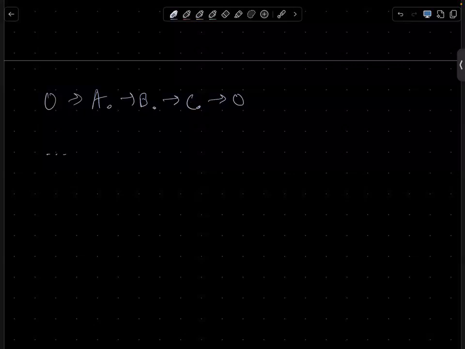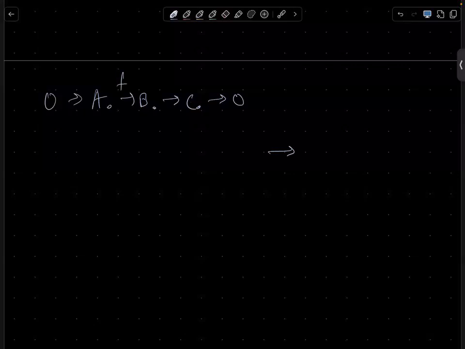Why do I call it a long exact sequence? It's because it goes on in both ways for a while. At least at one spot, it could be 0 depending on the indices. But in principle, it could go on in both directions for a while.